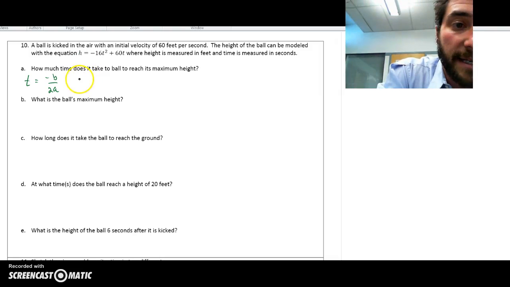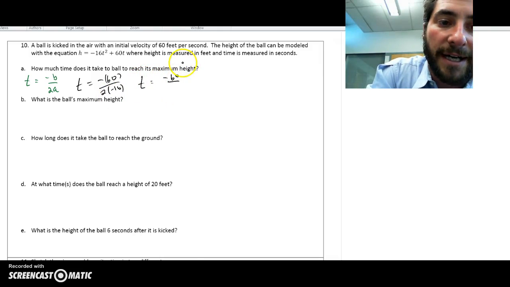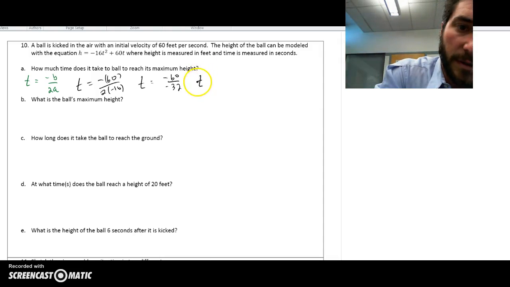So if we take the opposite of b, negative 60, and divide it by 2a, which is negative 16, we get t as negative 60 over negative 32. And that is about 1.9 seconds, 1.88.